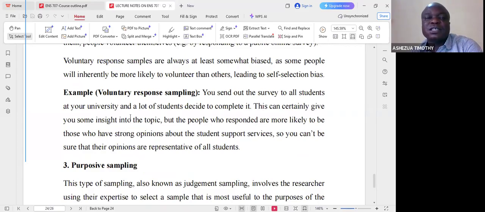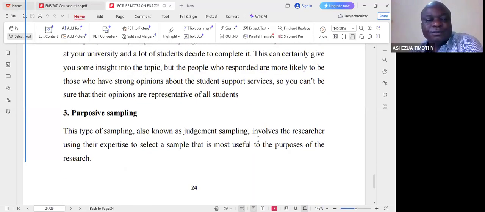This can certainly give you insight into the topic. But the people who responded are more likely to be those who have strong opinions about the student support services. So you can't be sure that the opinions are representative of the entire student body.